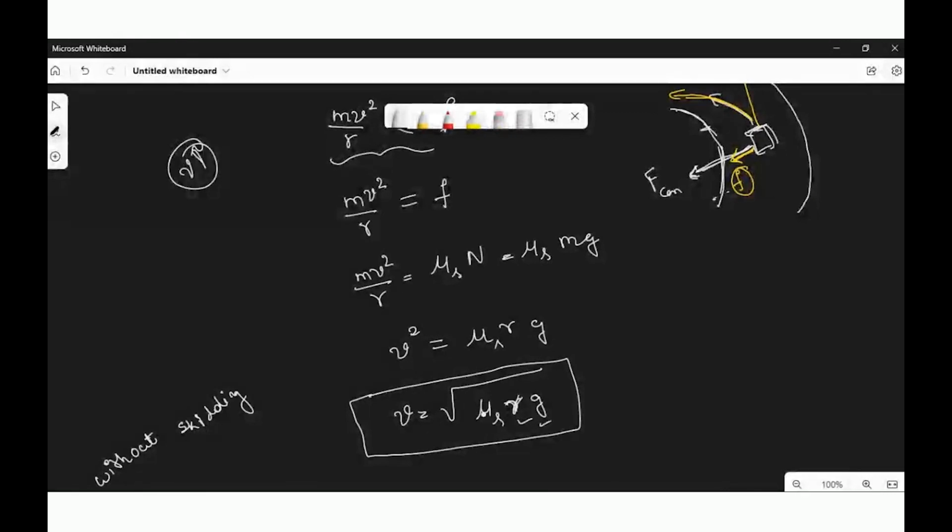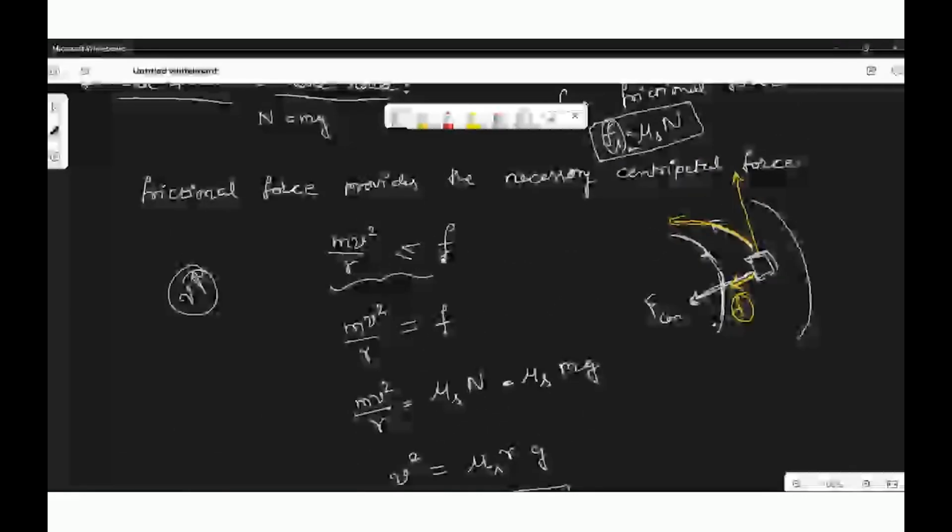Mu s is also sometimes not in our hands, because on a rainy day friction will automatically be reduced, or if the nature of the tracks is different, there is automatically some change in the friction, right? This puts a limit on the speed with which we are traveling, because if you increase your speed, friction fails to provide that centripetal force.